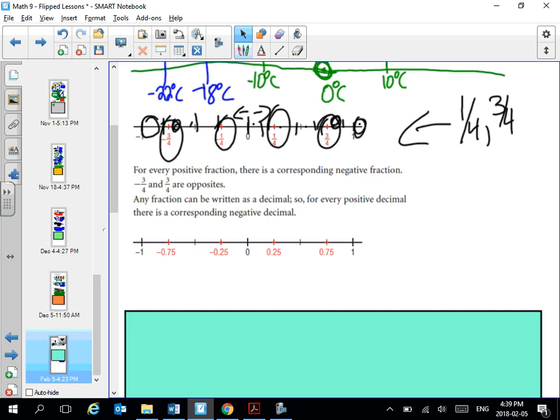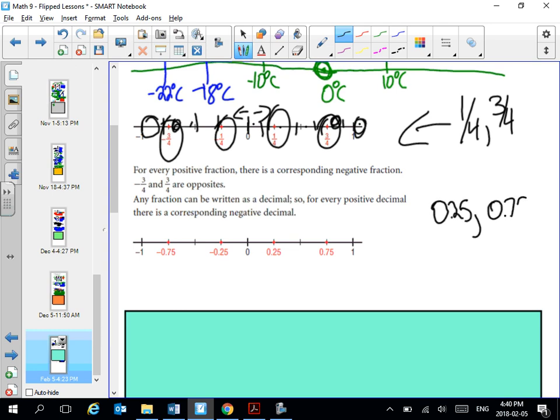Okay, so that particular example shows how we can use a number line with fractions. However, we can take those same numbers and convert them into decimals quite easily. Okay, so 1/4 is the same as 0.25. 3/4 is the same as 0.75.